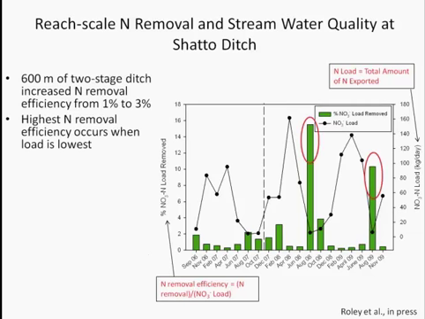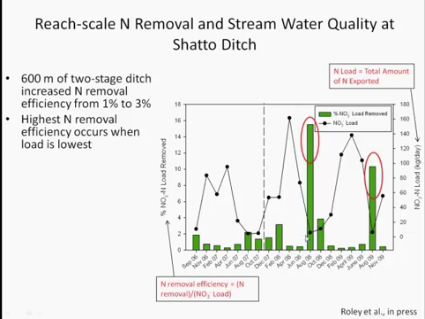First, the highest nitrogen removal occurs when the load is lowest. Basically what happens in these streams is when there's a lot of nitrogen moving through the system, it gets saturated, and the biological removal capacity sort of tops out. It can't remove an infinite amount of nitrogen. But when the load is low, those denitrification rates are still fairly high, and they're able to remove much more of the load.